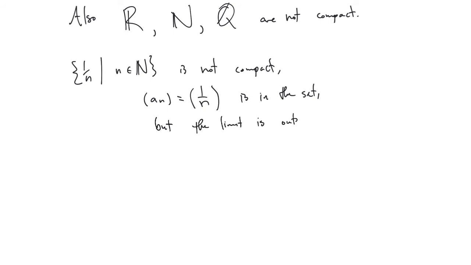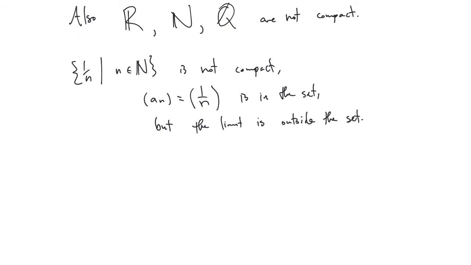And compact means that for all the sequences, their limits have to be in the set. So here we have a sequence which is in the set, but its limit is not in the set. All right, so that is another example of a set which is not compact.